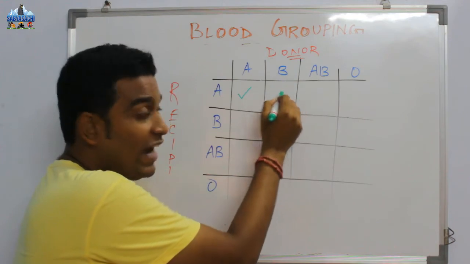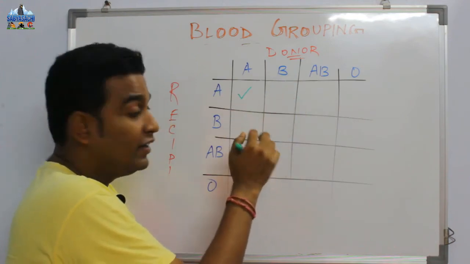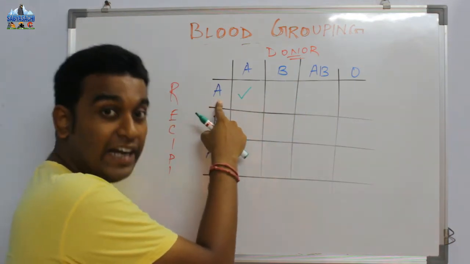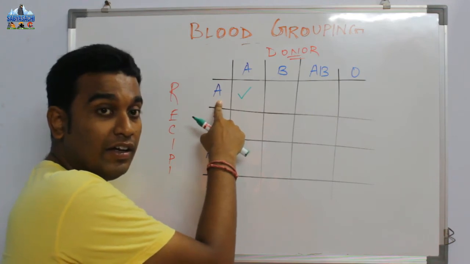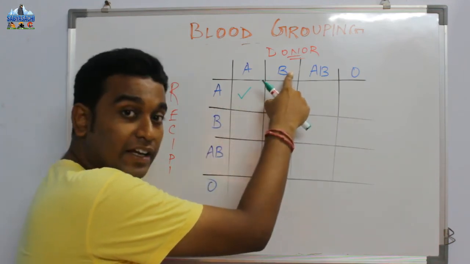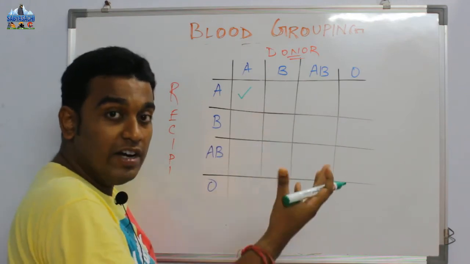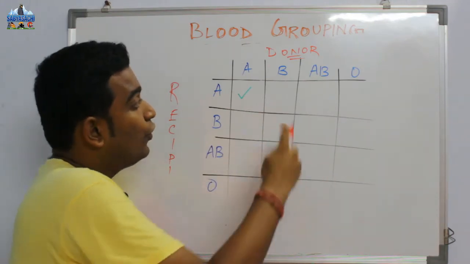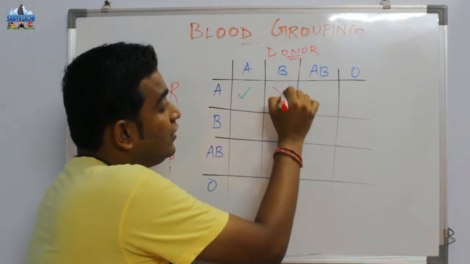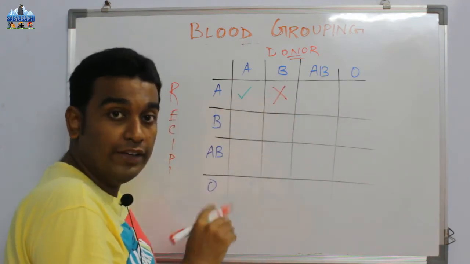So if you donate it here, what will happen? The anti-B antibody and antigen B will clump together and agglutination will take place. So the transfusion is a big no. It's not possible.